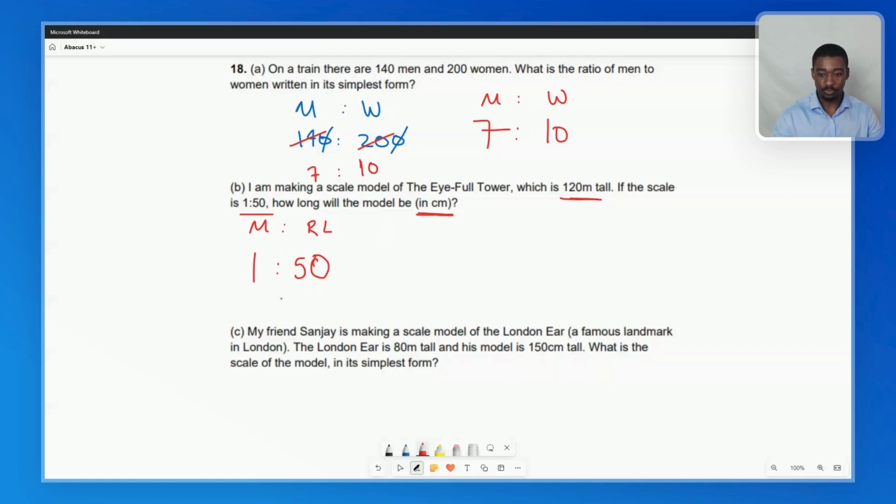And knowing this, we can put the 120 meters, which is the height of the actual real life Eiffel Tower. And we can work out how many meters the scale model must be.